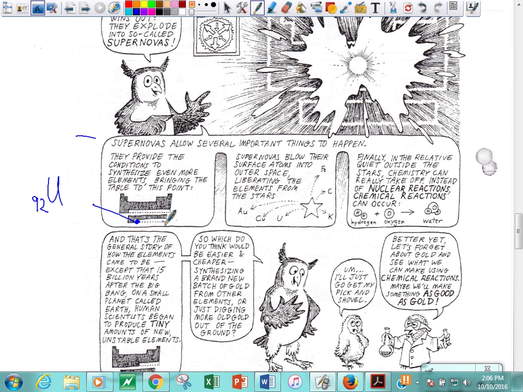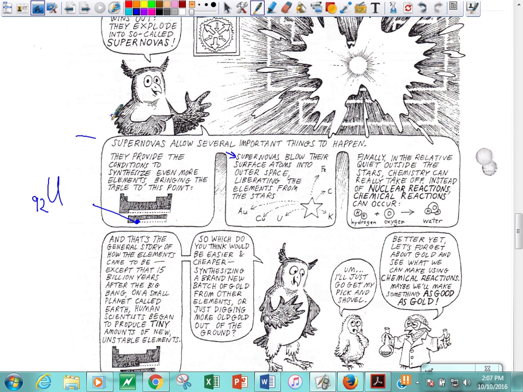Now, we still have some empty parts of the periodic table. If you look at the periodic table that you have, it goes all the way up to 118. So where do those elements come from? Okay, let's find out. I think it will explain. Okay, supernovas. Oh, this is an important point. Very important. Supernovas blow their surface atoms into outer space, liberating, making them free.